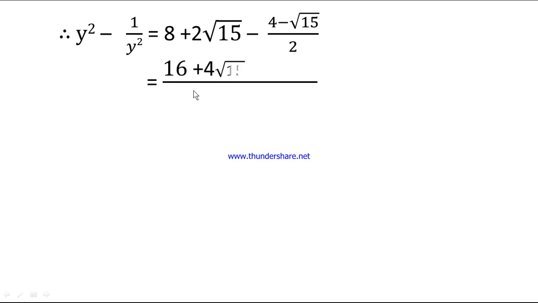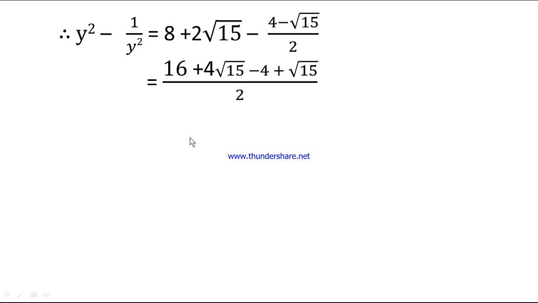In the next line, 2 is the largest common multiple, and that's why we have multiplied 8 plus 2 root 15 by 2, and the product is 16 plus 4 root 15, and here 4 minus 4, here minus and minus makes plus, and root 15.